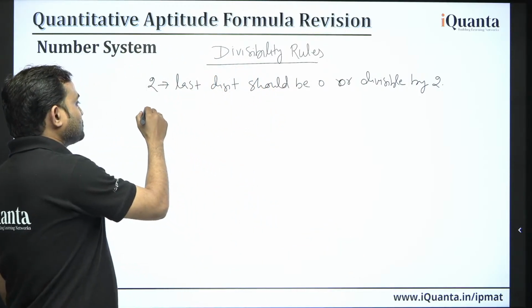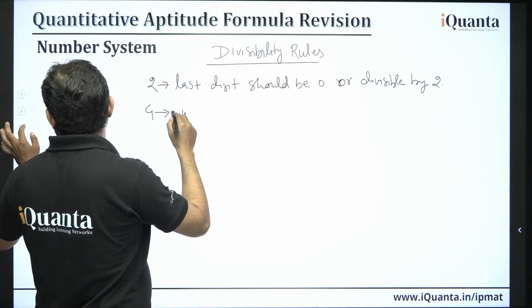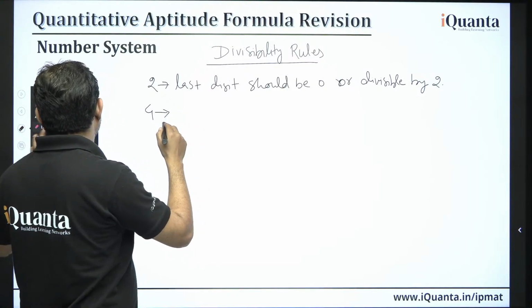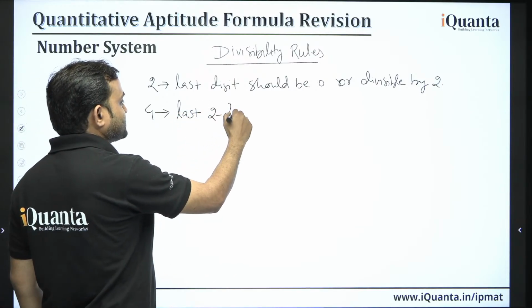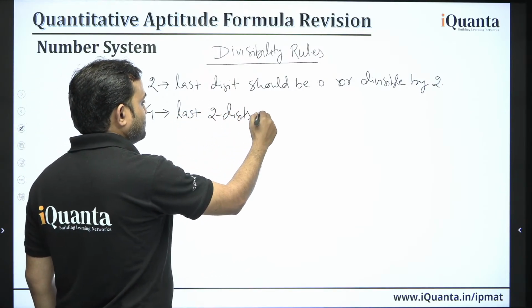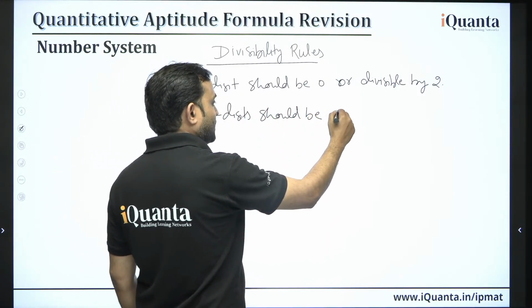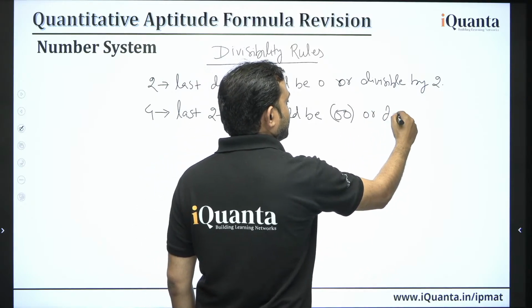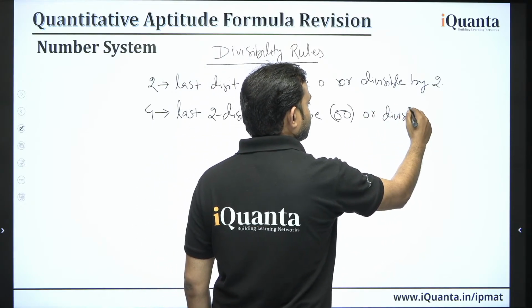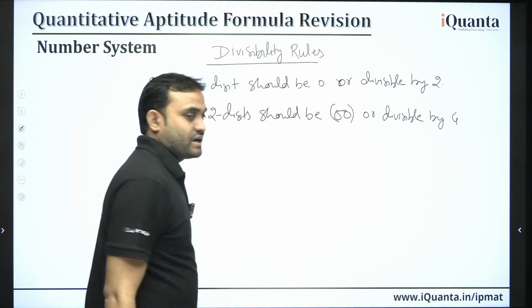What is the divisibility rule of 4? In case of 4, the divisibility rule is the last 2 digits should be 00 or divisible by 4. Okay.